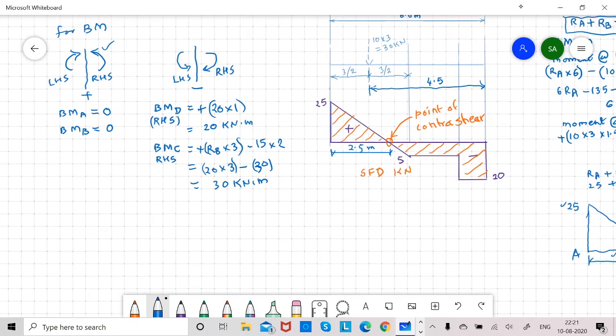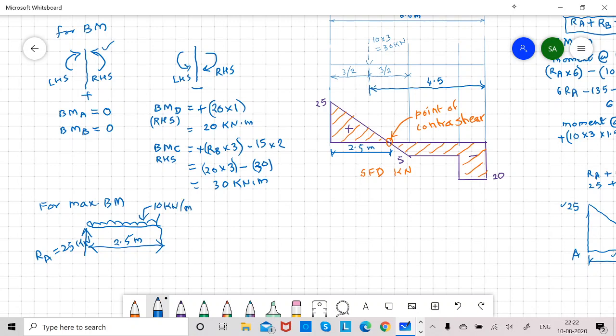Now, maximum bending moment. We know that it is at a distance 2.5 meter, which we calculated using the principle of similar triangles. The maximum bending moment is at 2.5 meter. Ra is 25 kilonewton and the UDL is 10 kilonewton per meter.